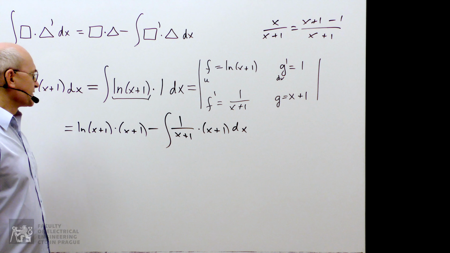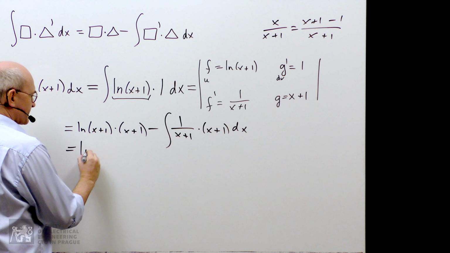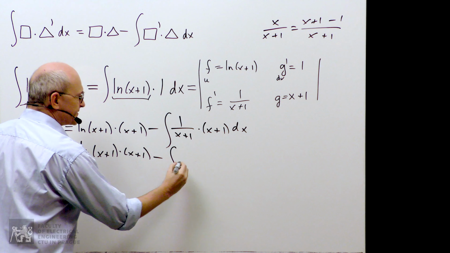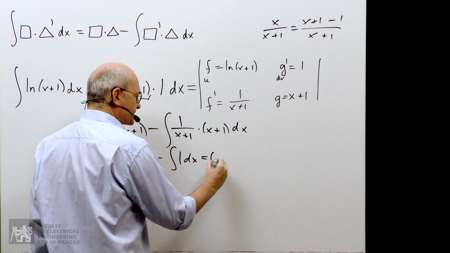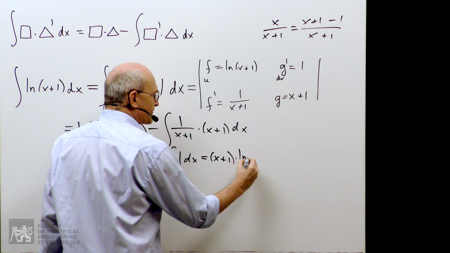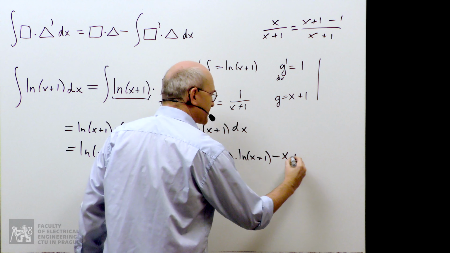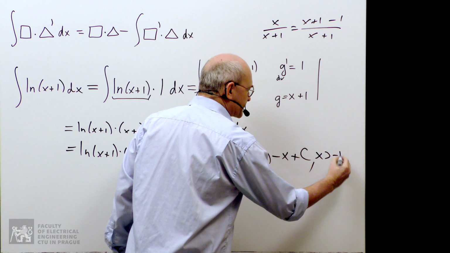Wonderful. Wow, they cancel. Isn't that nice? Logarithm of x plus 1 times x plus 1, minus the integral of 1 dx. And this is x plus 1 times logarithm of x plus 1, minus x, plus c. And we figured out before that x should be more than -1.